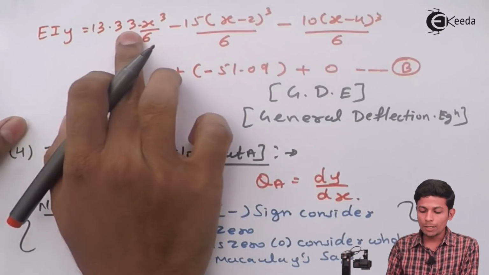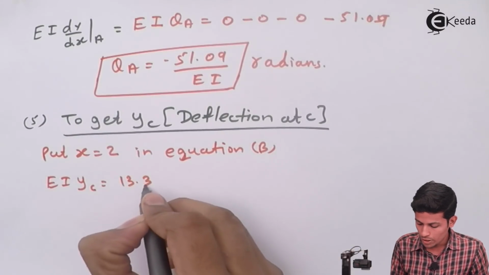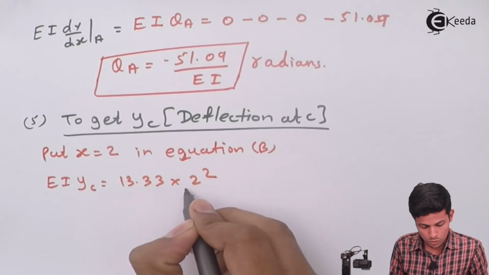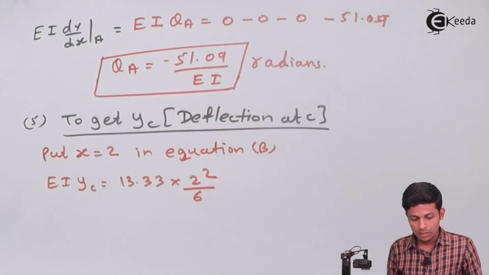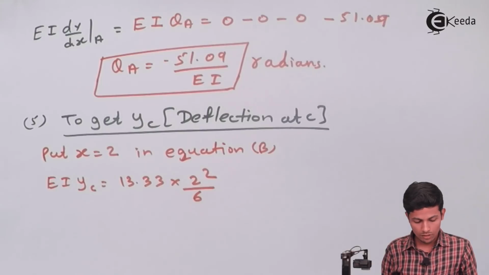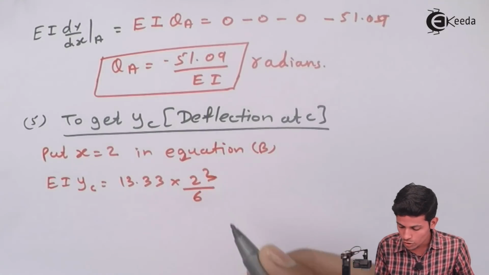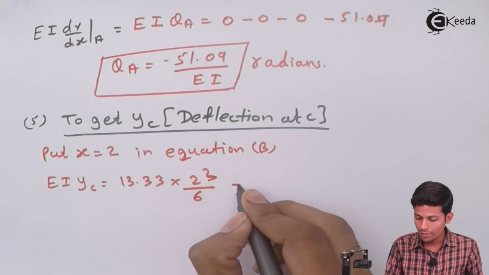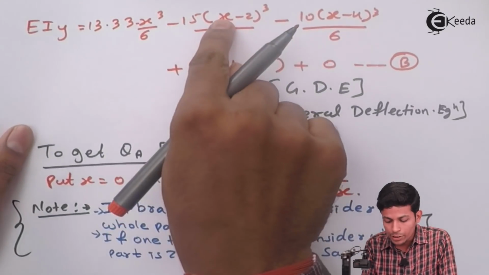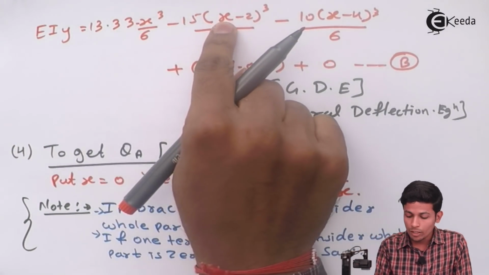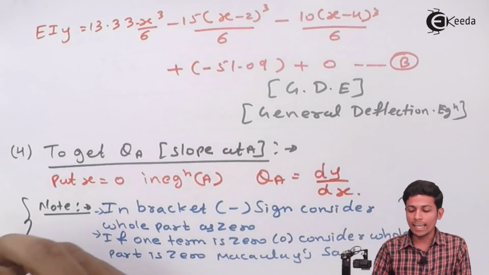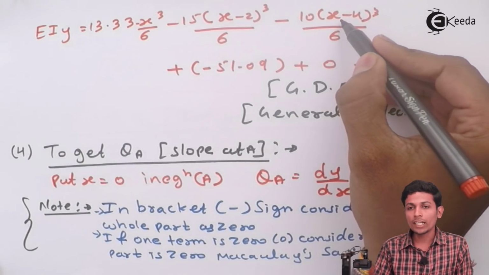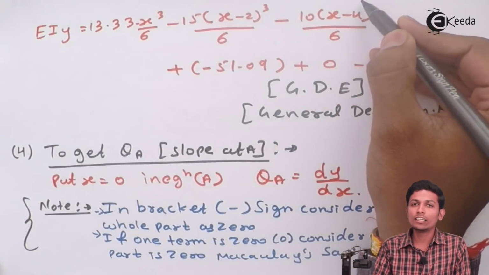Now, 13.33 into 2 cubed upon 6. Sorry, this is not square, this is cube. Now after that, minus: the x value is 2, and 2 minus 2 gives 0, so that term is cancelled. This other one is 2 minus 4, which gives minus 2, so it is also directly 0.